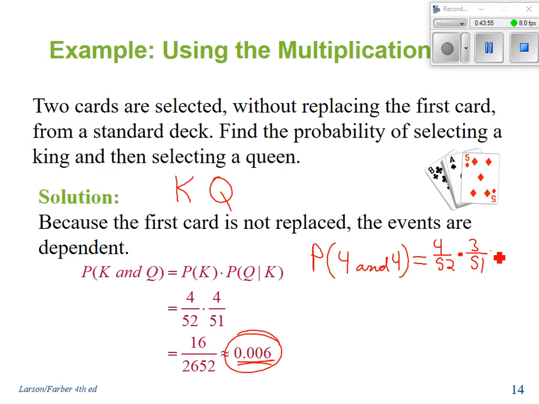Yes. I know the top's 12. Somebody help me out. What's 52 times 51? 2,652. Somebody divide that for us. 12 divided by 2,652. 0.006.